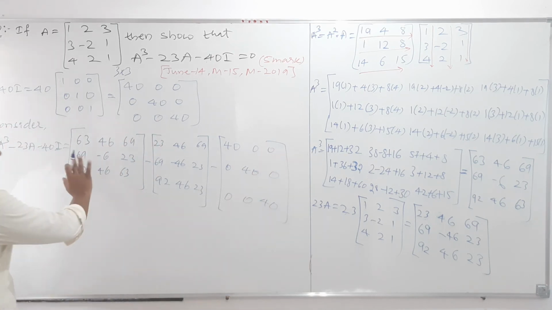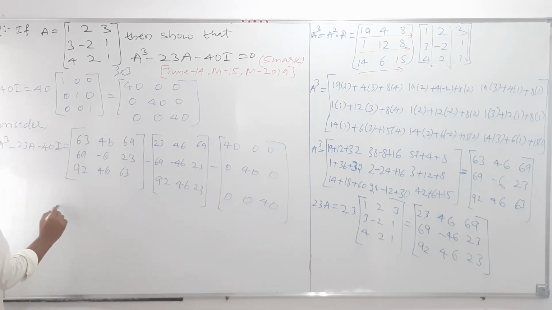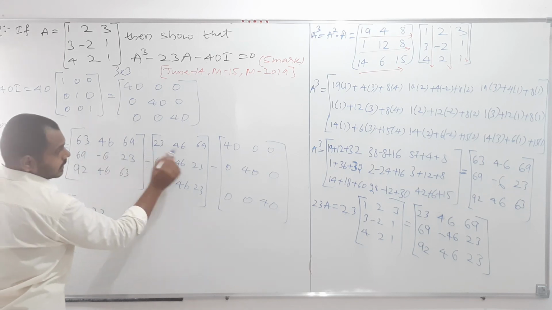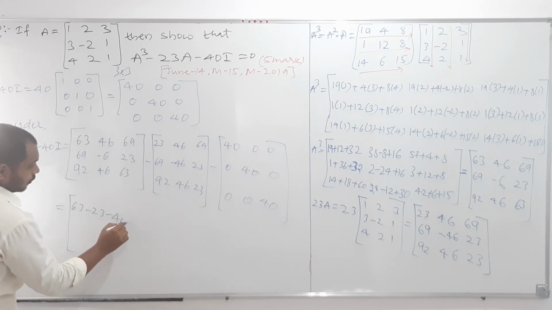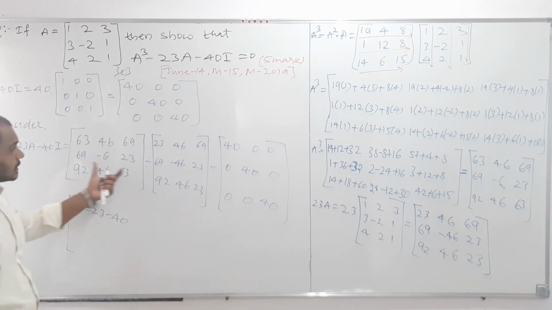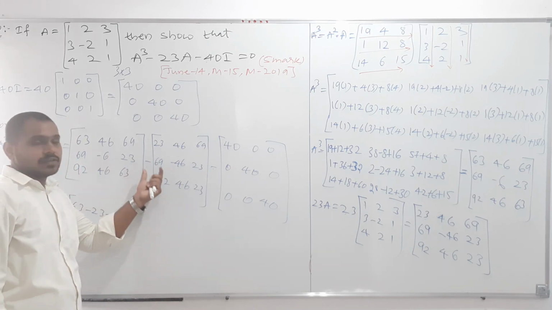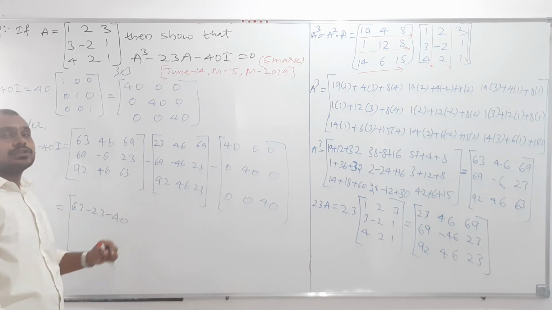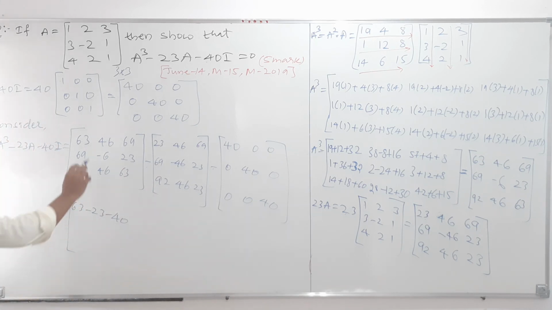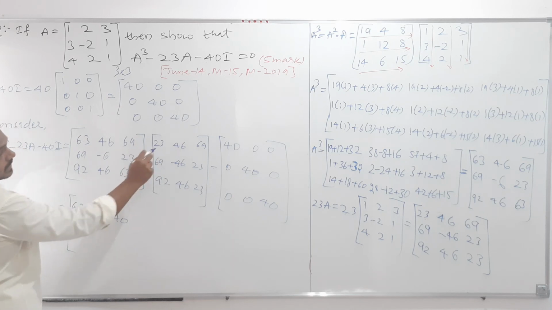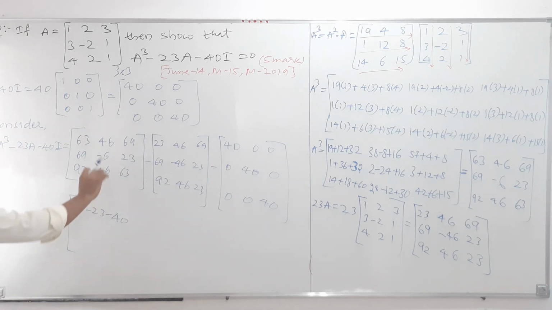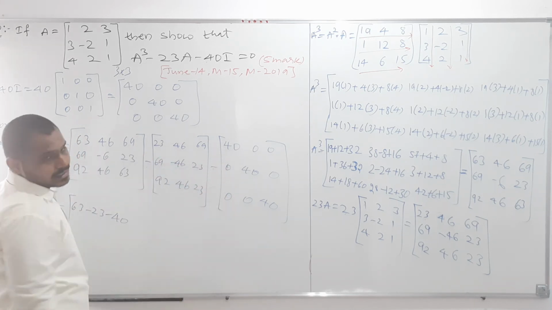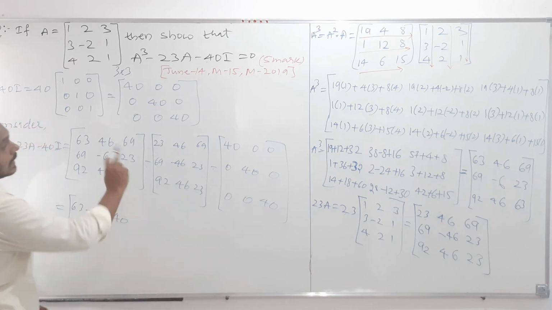So if you simplify this, my dear students, you will get it as follows. 63 minus 23 minus 40. We subtract any two matrices by taking the corresponding elements. Since I have three matrices continuously, I am subtracting the corresponding elements.